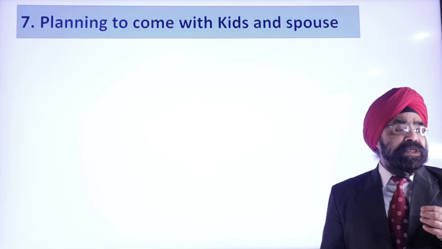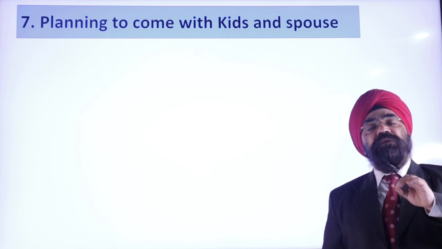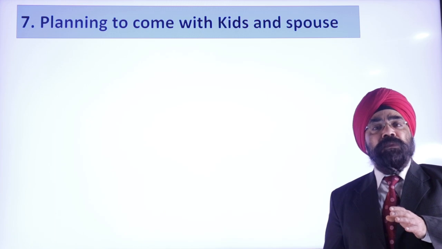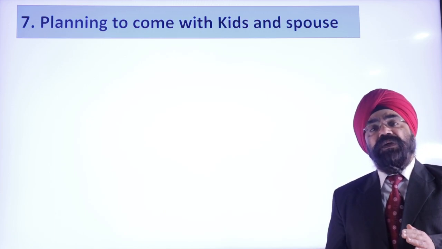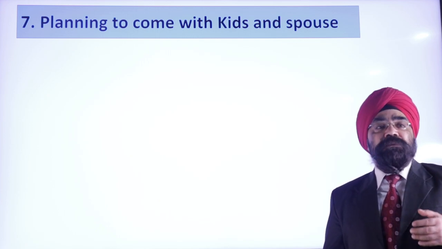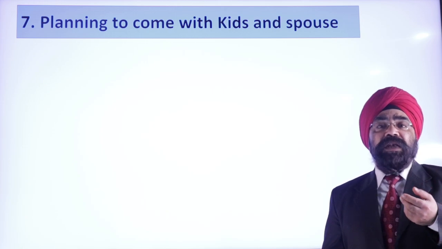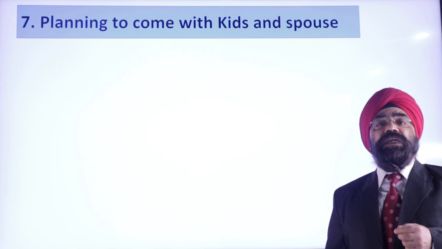Number 7, planning to come with kids and spouse. First of all, you are allowed to come with kids and your spouse, but sometimes misuse happens. Why misuse? Recent marriages. You got married recently and you just come to Canada, leaving your spouse behind, saying, no, I want to study.